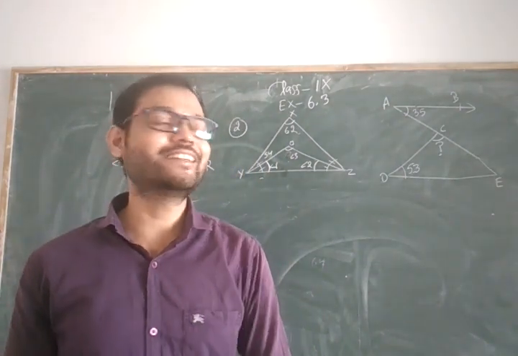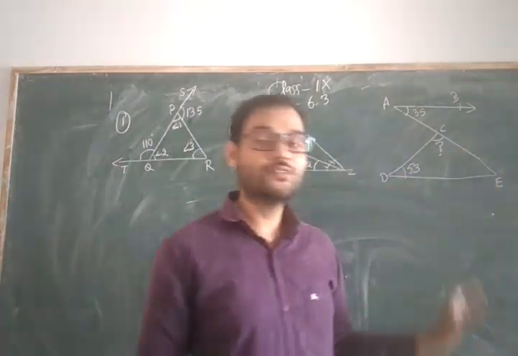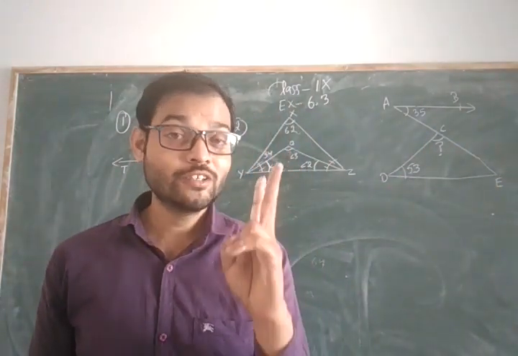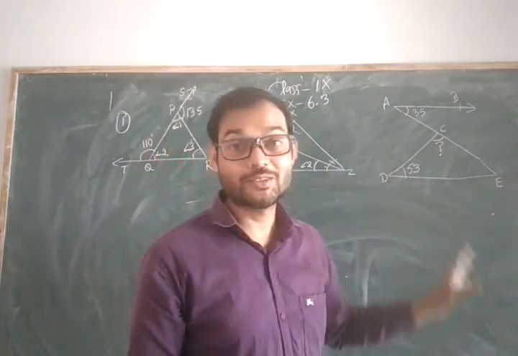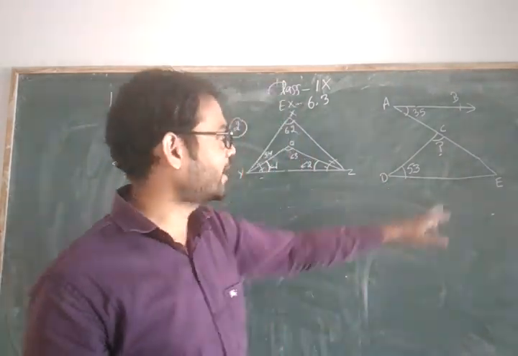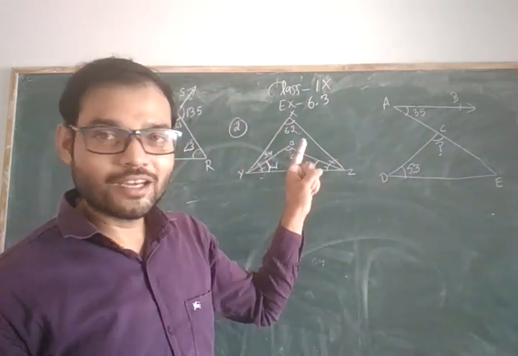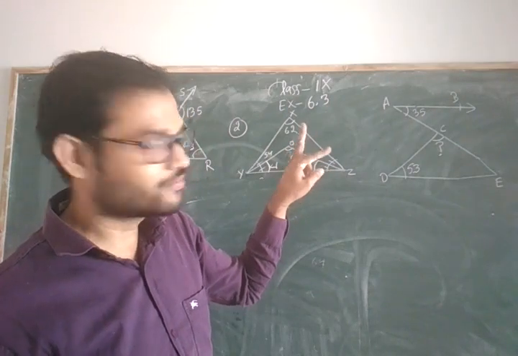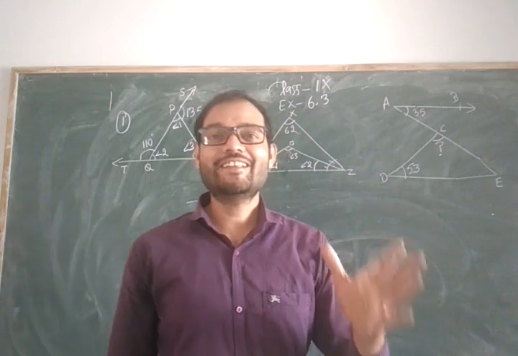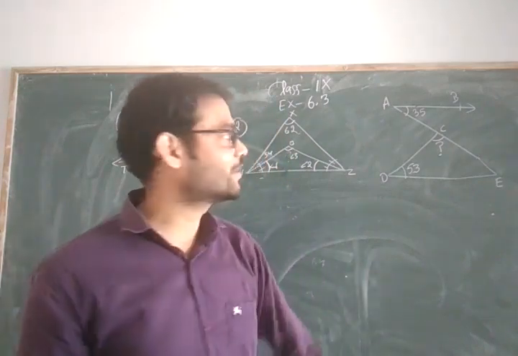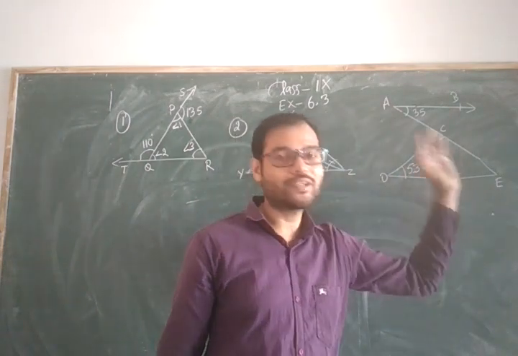And for finding angle C, you know very well, in this triangle DCE, we have to know two angles, but we know only one angle. So we will find out angle E. तो E कैसे find करें? अगर आप ध्यान से देखो 35, yes, it becomes your alternate interior angle because these two lines are parallel and this one is transversal line.